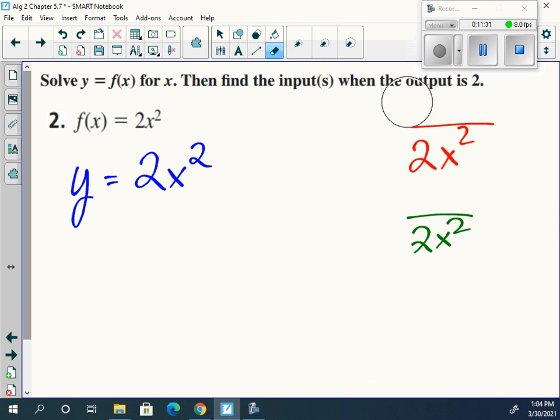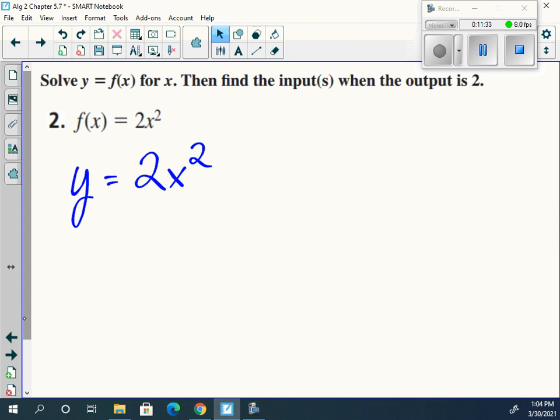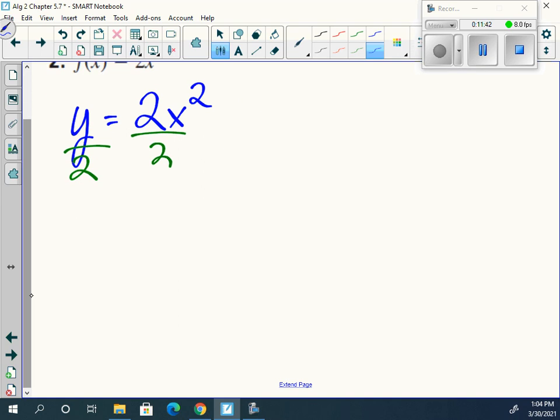So instead of doing that, we divide both sides by 2, and we end up getting y over 2 is equal to x squared, which gives us the exact same thing, because we end up in the same place.